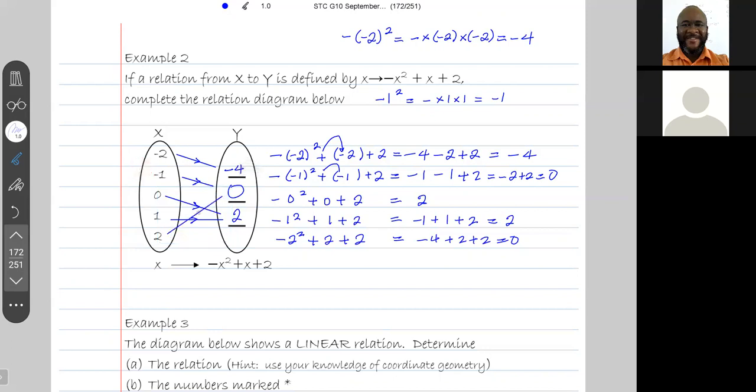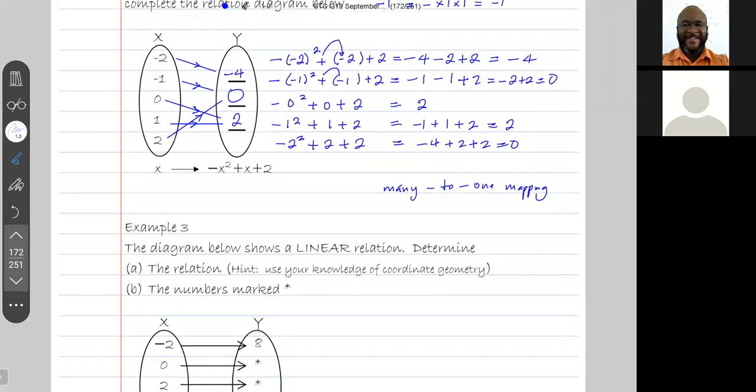So this is what our arrow diagram looks like. All right, and what type of mapping is this? This is many going to one. So this is a many to one mapping.